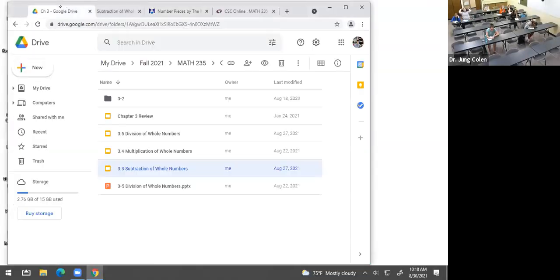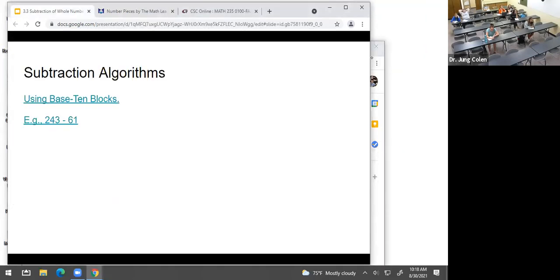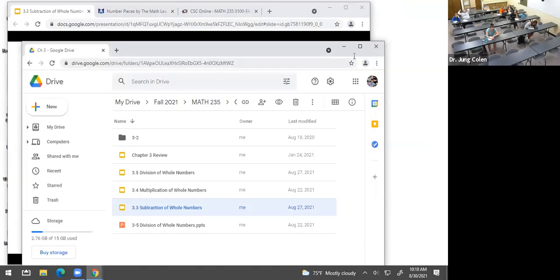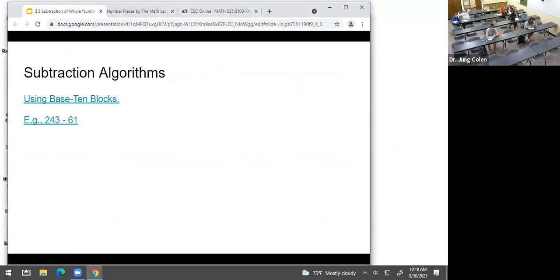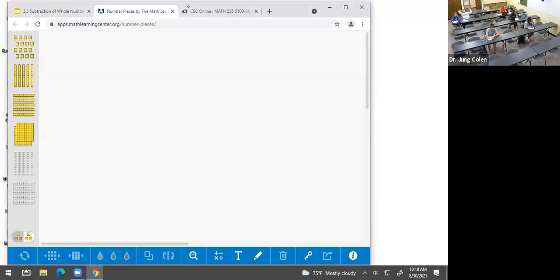Okay, so here are base 10 blocks. This is another virtual manipulative that I found.